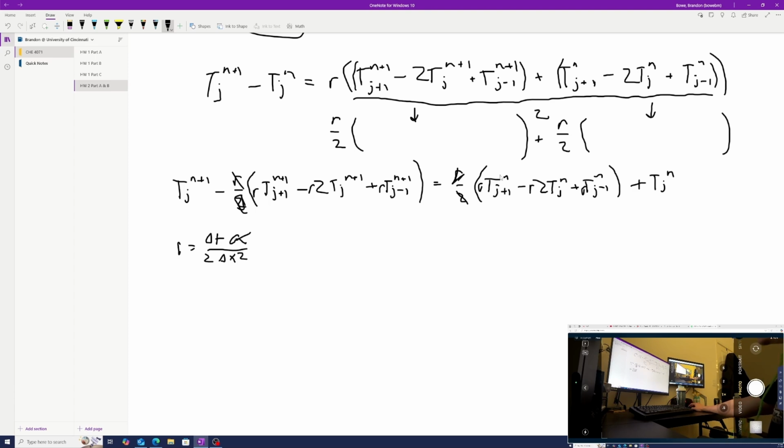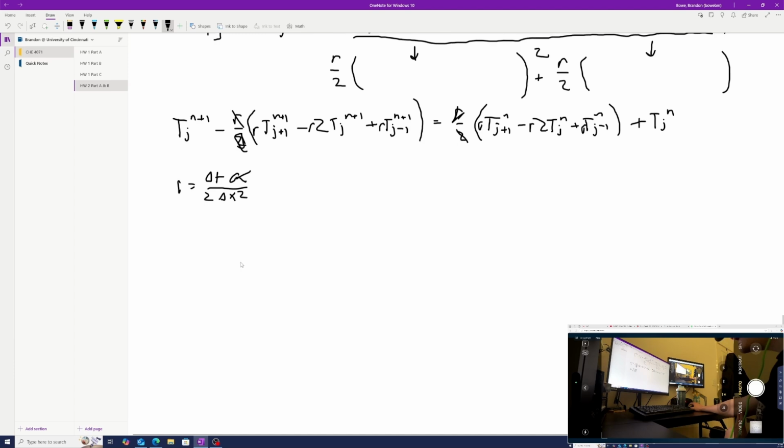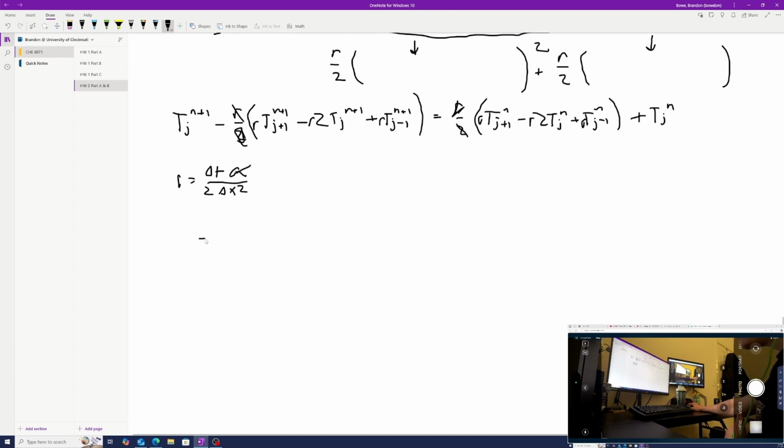Now we can get rid of these parentheses and incorporate our Tj n plus 1 and our Tj n into these things. On our left side, we end up with minus r times Tj plus 1 n plus 1, because we have the negative out here, so that's negative.